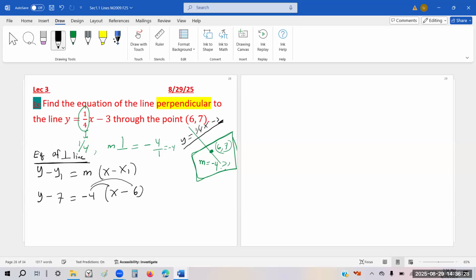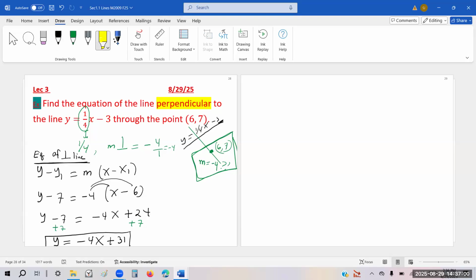So we distribute, we get y minus 7 equals negative 4x, and then what? Plus 24. And then what do we do? The last thing? That's 7. So y equals negative 4x plus 31.